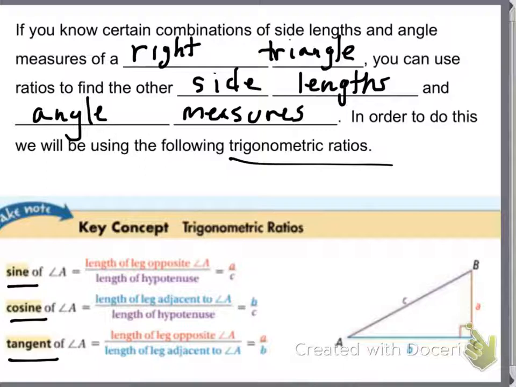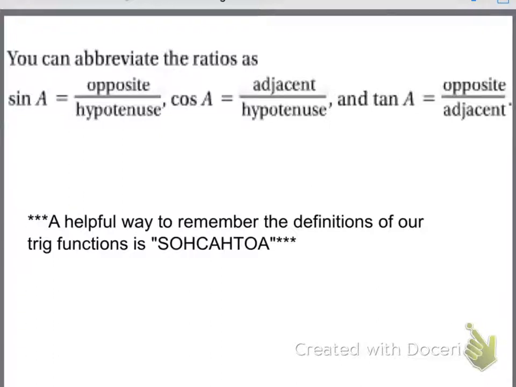Here's the definition of those, which I think is summarized a little better in this next slide. The sine of angle A equals opposite over hypotenuse. The cosine of angle A is adjacent over hypotenuse, and the tangent of A equals opposite over adjacent.